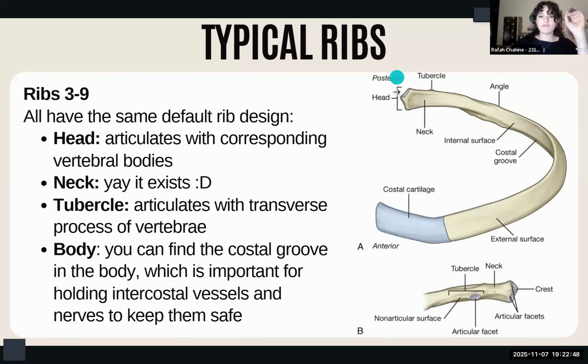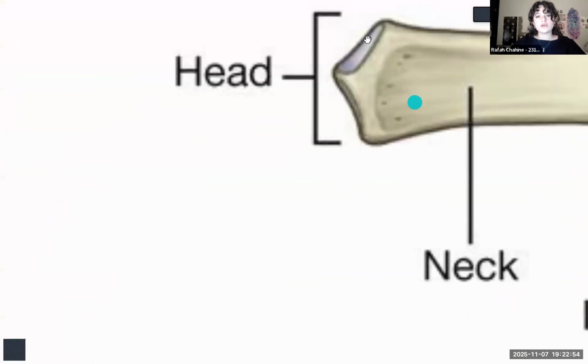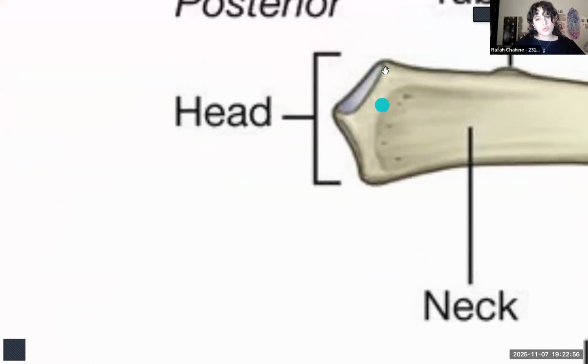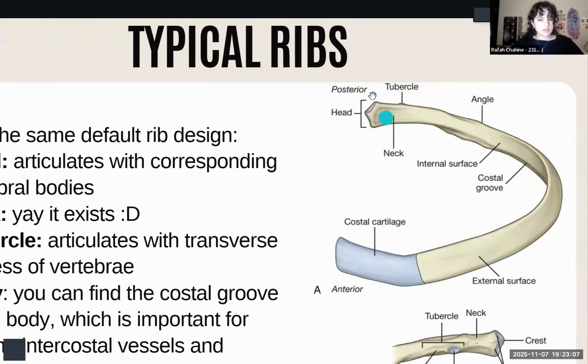Okay, what's that design? They have a head, which is this. Okay, and the head has to have two articulating points. Do we see one and we see two? So typical ribs have heads that have two articulating points. Keep that in mind. Typical ribs also have necks.